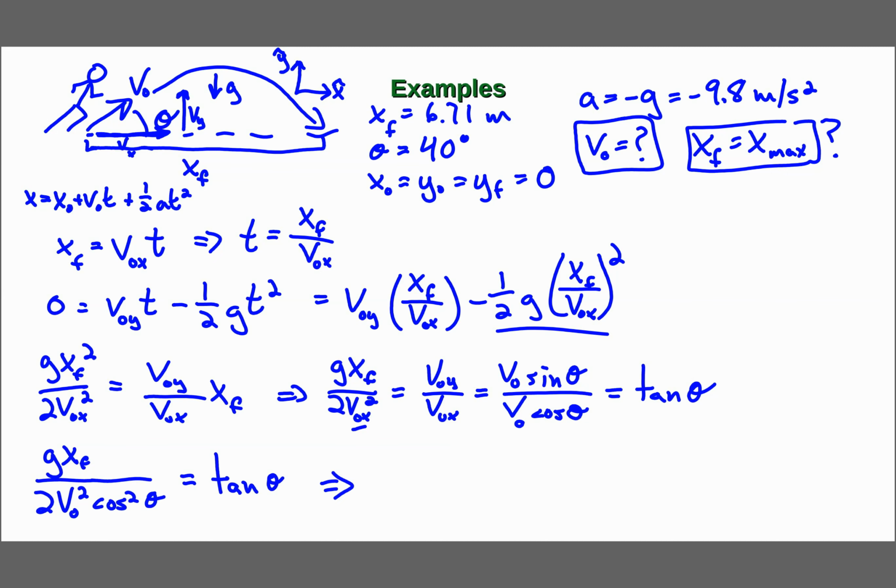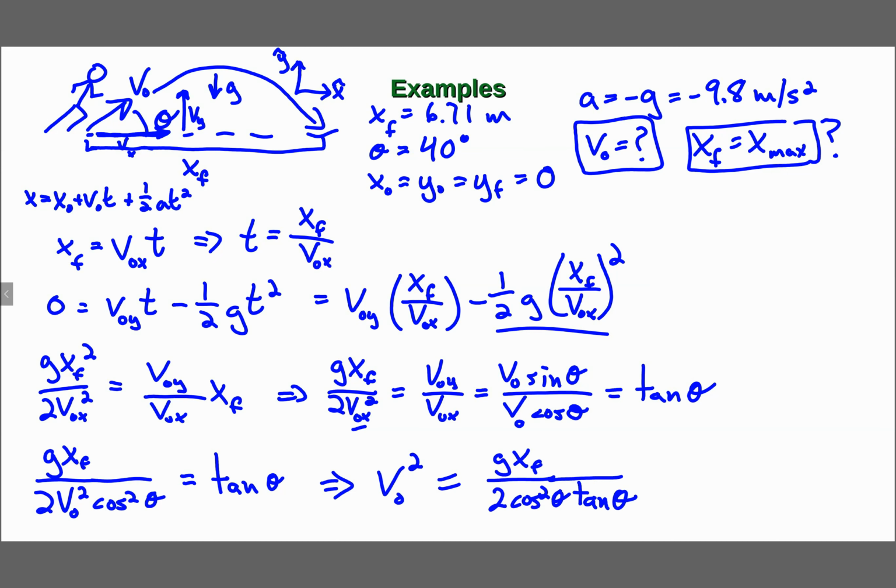So we're going to multiply both sides by v naught squared. We're going to end up with v naught squared here. And then we're also dividing both sides by tangent theta. So what's left on this other side, 2 cosine squared theta tan theta.